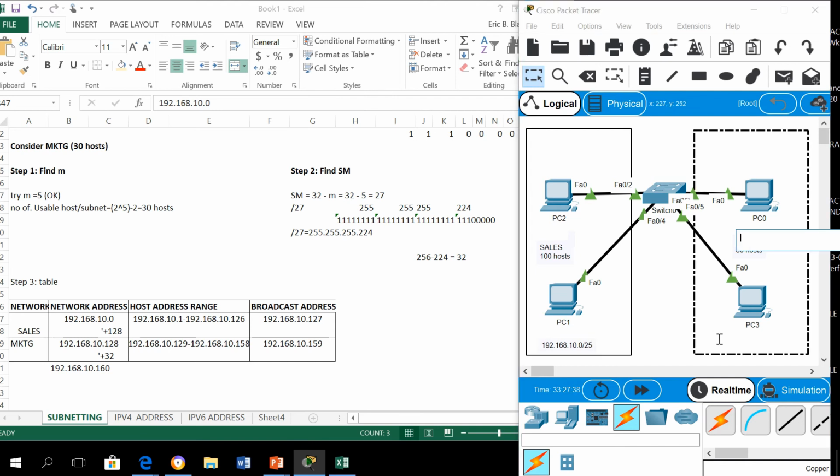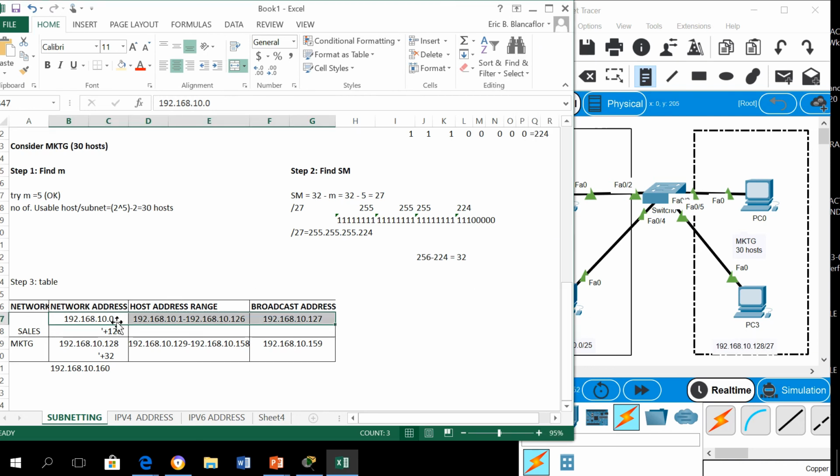And on this side, its network address, based on our computation, is 10.128, slash 27. We'll add the subnet mask. So again, this is a slash 25 and this one is a slash 27.